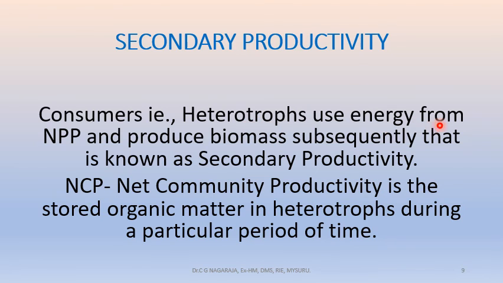They use energy from the net primary production, and whatever energy is left over in them, they accumulate in the form of biomass, maybe muscular tissue in animals, fat, etc. They are all biomass, and that is known as secondary productivity. A large number of organisms, animals, are used as food material, and that food comes as secondary productivity.